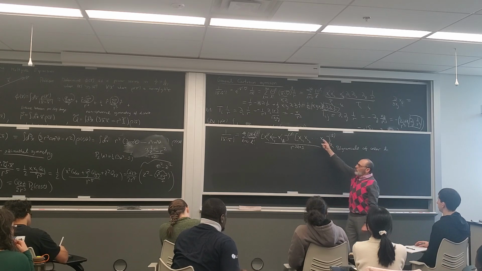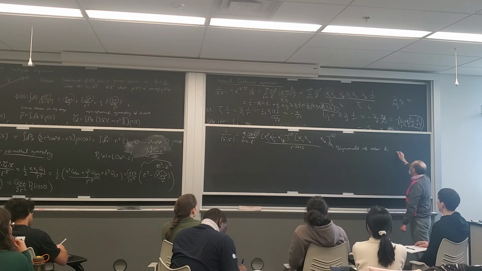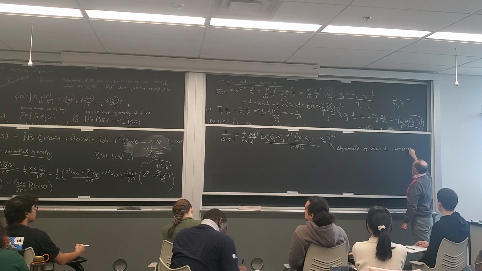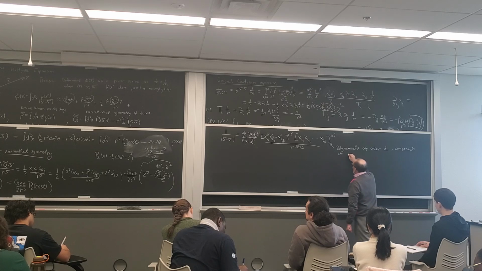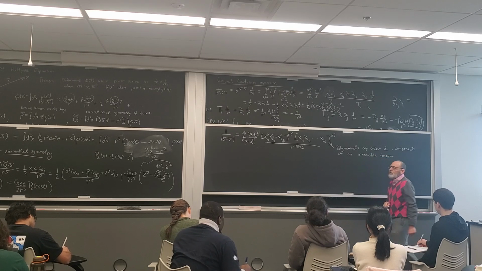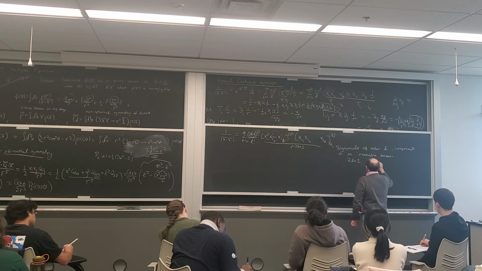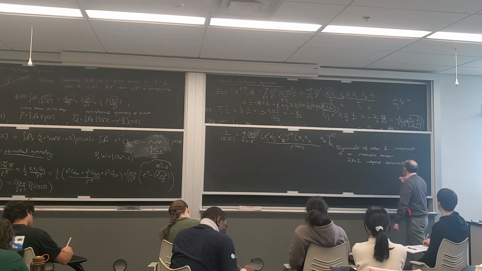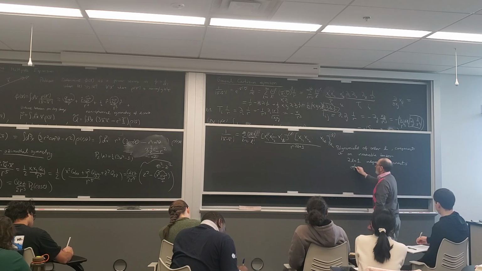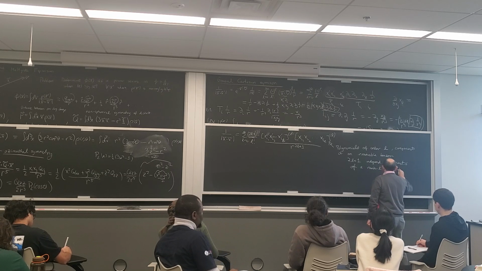Each one of these polynomials, depending on whether this is x, y, or z, represents the components of an irreducible tensor. And there are 2L plus 1 independent components of a rank L irreducible tensor.